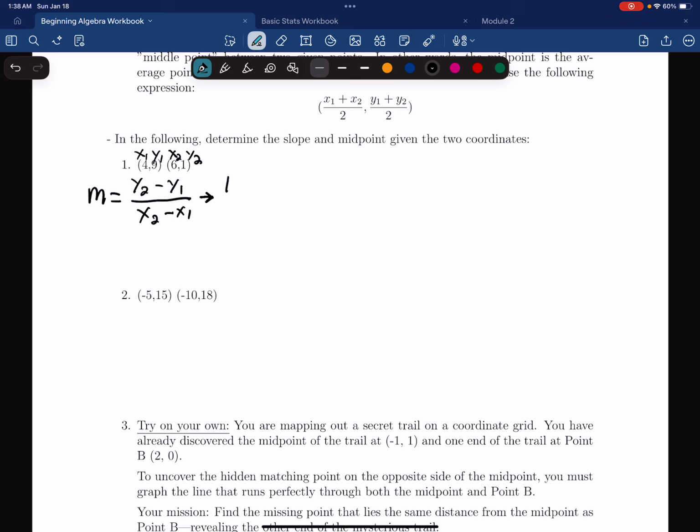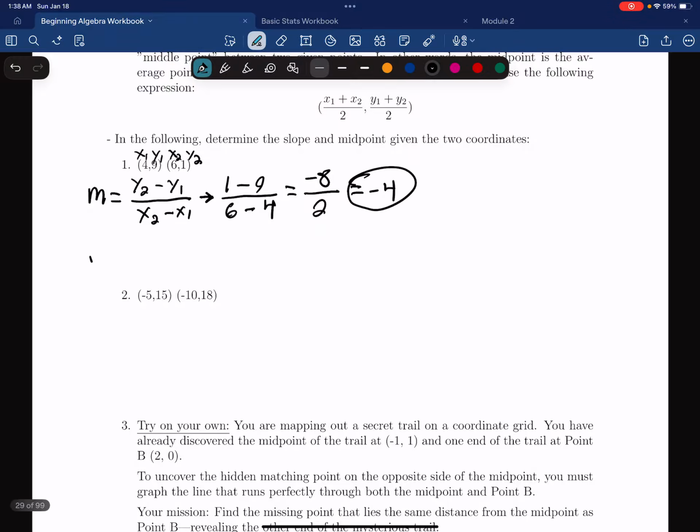We have 1 minus 9 over x2, which is 6, minus x1, which is 4. So we get 1 minus 9, which is negative 8, over 6 minus 4, which is 2. And negative 8 divided by 2 is negative 4. So that is our slope. We have a slope of negative 4.